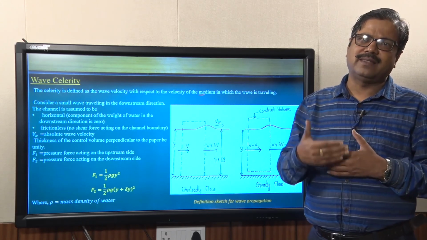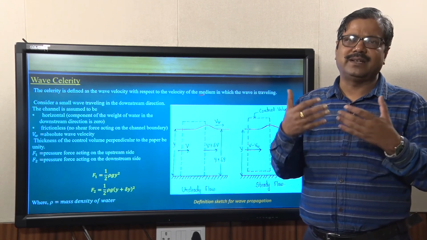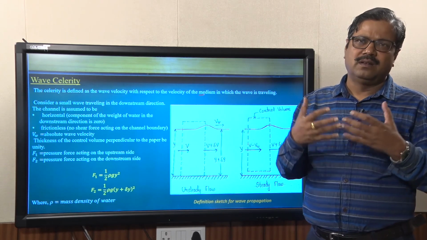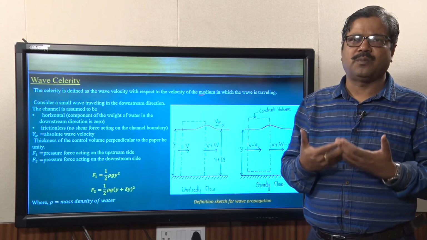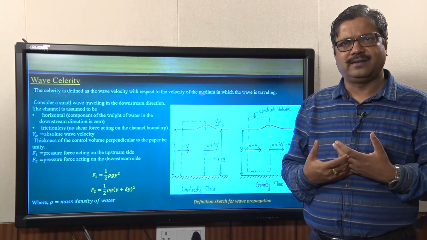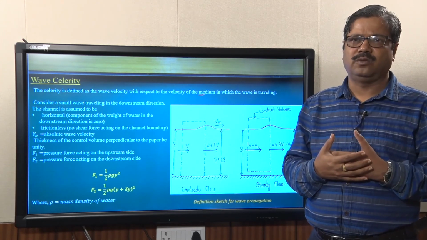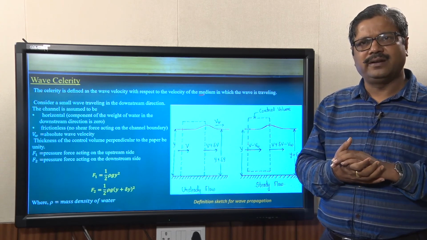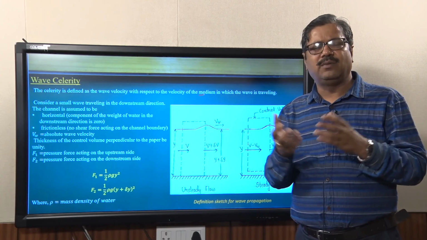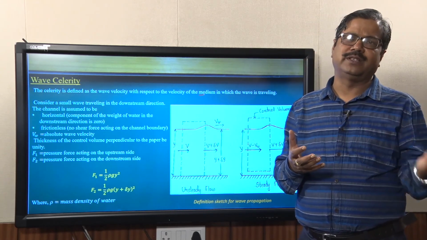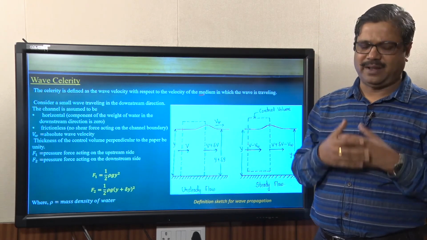Based on the direction of the propagation, we can find out whether the flow is subcritical, supercritical or critical. That is the concept we will talk about. As I said, just by throwing a stone in a river, we can find out whether the flow is subcritical or supercritical. How does it happen?